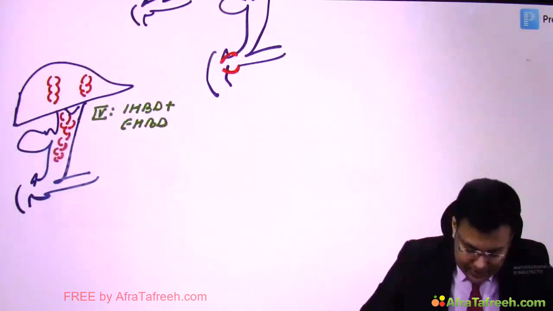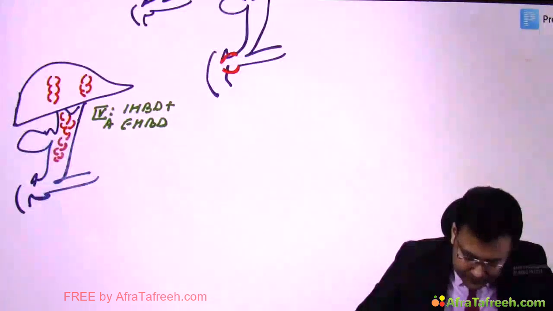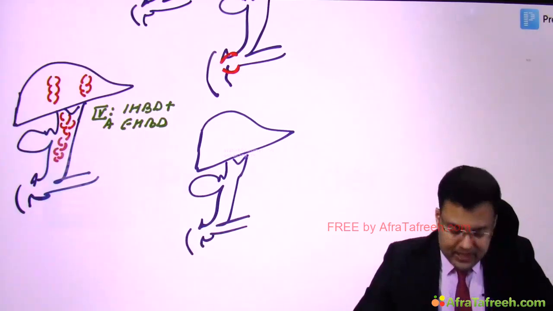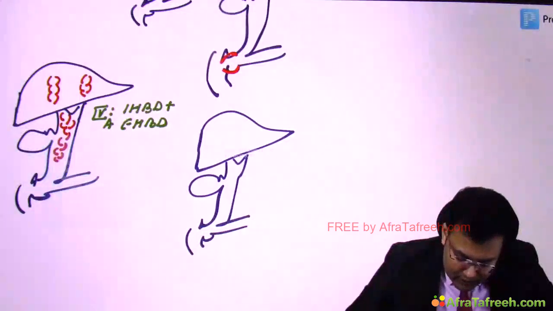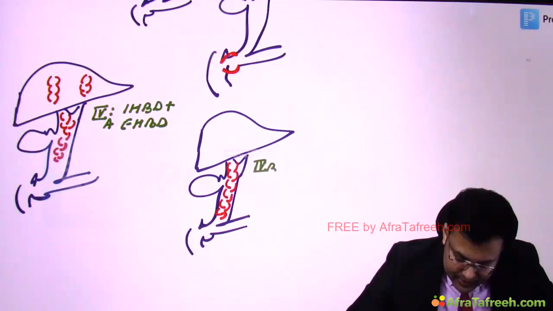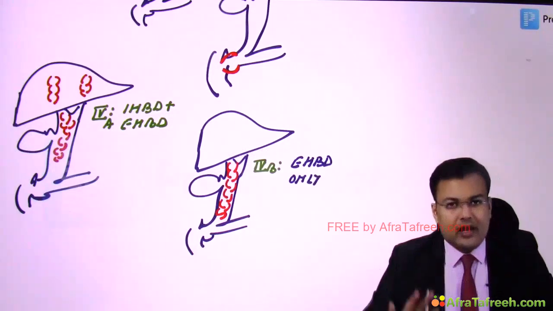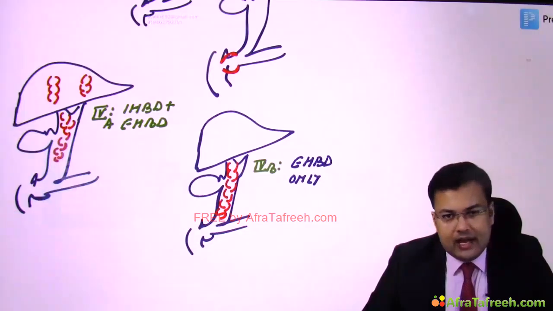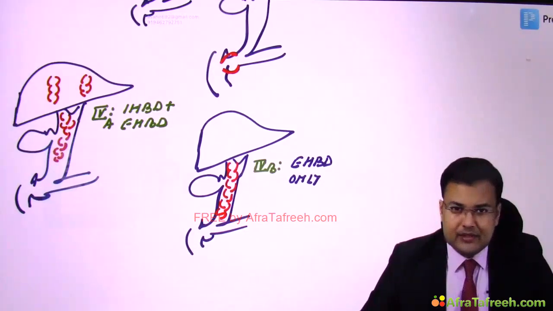Right? Now see, what is type 4B? If you see this diagram, this is type 4B. In type 4B there are multiple cysts involving the extrahepatic bile duct only. Right? And type 5 is known as Caroli's disease, in which there is involvement of the intrahepatic bile duct only, and there are multiple cysts.